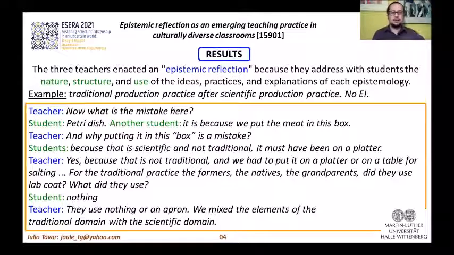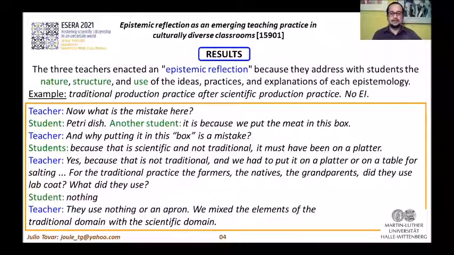Teacher: Now what is the mistake here? Student: Petri dish. Another student: It is because we put the meat in this box. Teacher: And why is putting it in this box a mistake? Students: Because that is a scientific and not a traditional. It must have been on a platter. Teacher: Yes, because that is not traditional and we had to put it on a platter or on a table for salting.